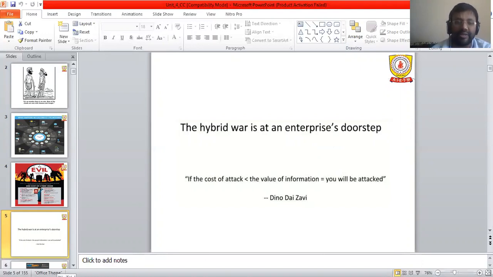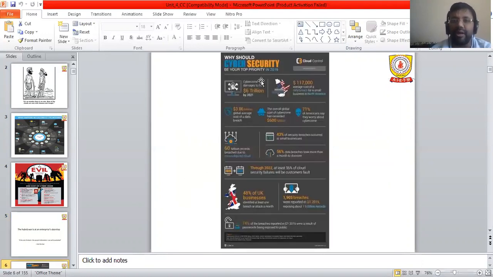So this is the proverb. Now see, why should cyber security be a top priority? This is the data for 2019. Today's modern scenario, because of the move towards cloud, makes security a big concern.